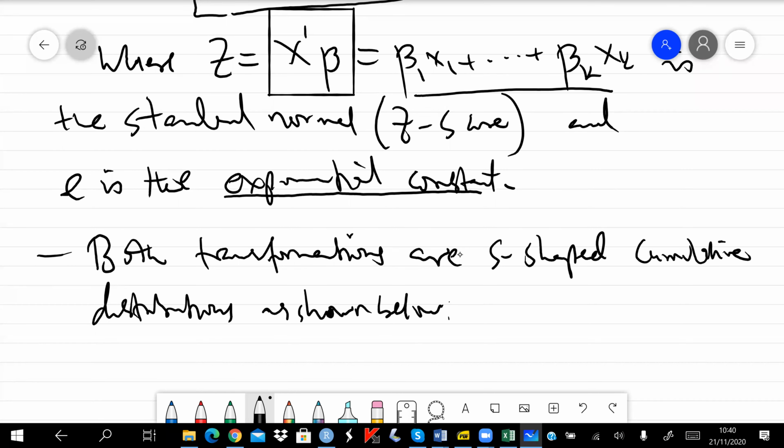I have drawn those using the computer so I can show you how the distributions look. You notice that there's no possibility of the probability exceeding 1 or going negative.